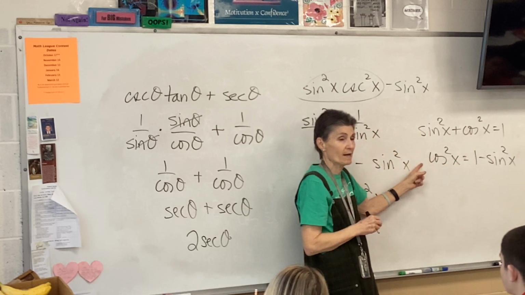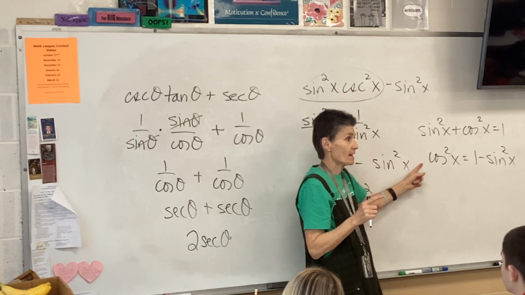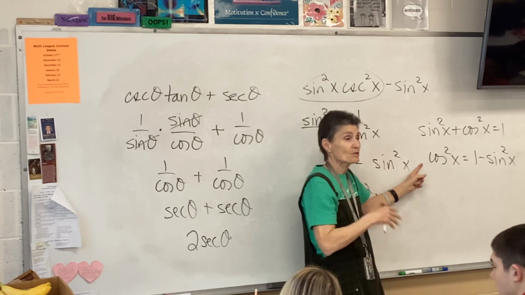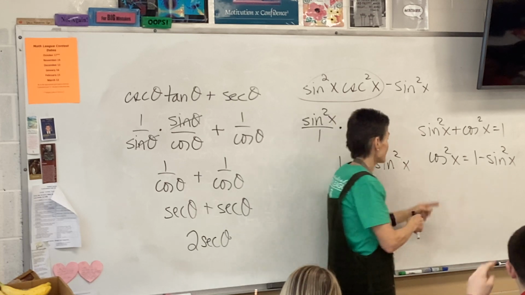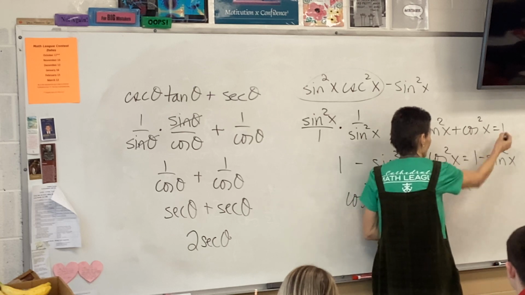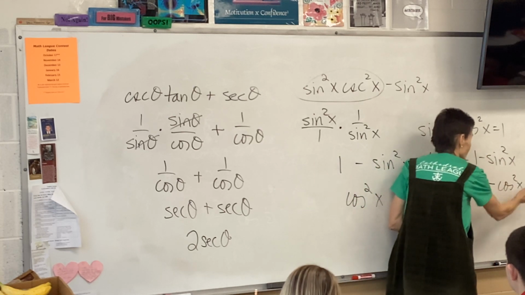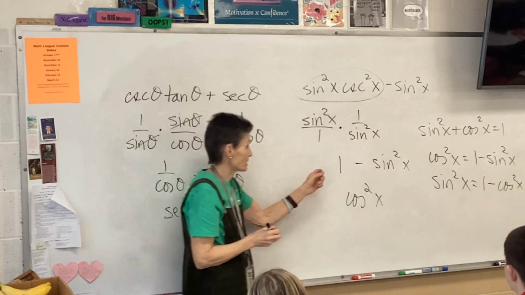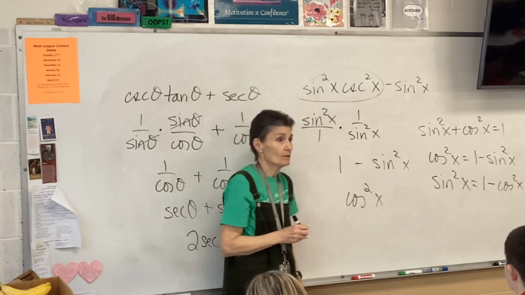You have to recognize that. Now remember, you get a new reference sheet on test day, so you're not going to be able to use the notes that you're taking, but as you're getting used to it, recognize what's sine squared. What if I got sine squared by itself? What would that equal? 1 minus cosine squared. You can always do those substitutions. So 1 minus sine squared is the same as cosine squared.